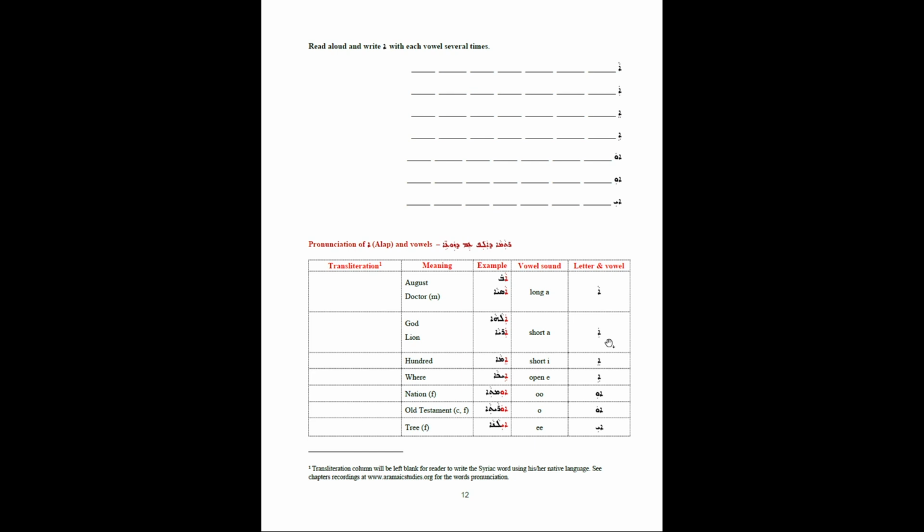Alap with the pthaha, short A, alaha, arya. By the way, here, this column, you're going to see this column like an empty one in all when we study the letters. So what do you need to do? Why this column is left like this is so it can be used if you read here and probably you're not good with the English. You cannot write it with the English, which is honestly, when I write any word in Syriac in English, a lot of people say, Maher, this is not the right way to spell it in English.